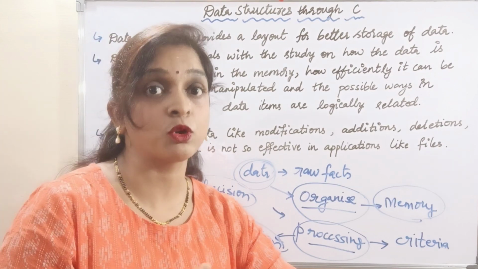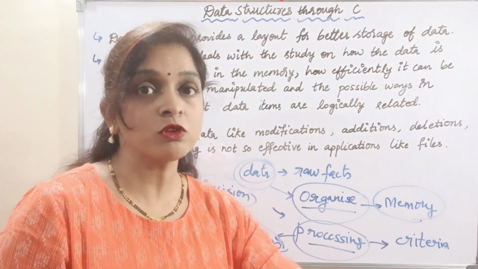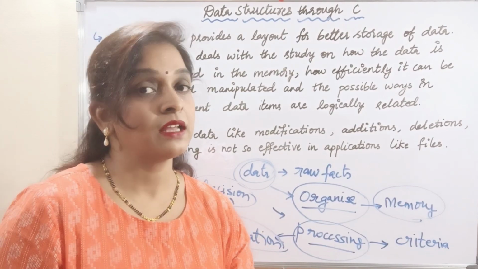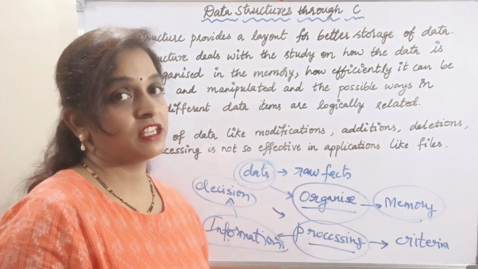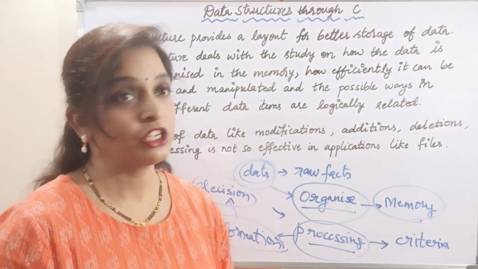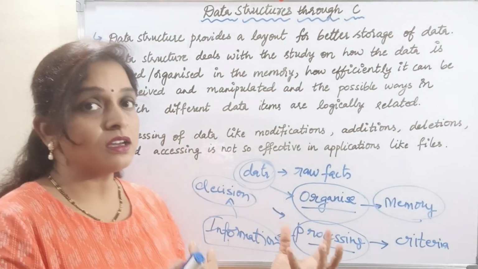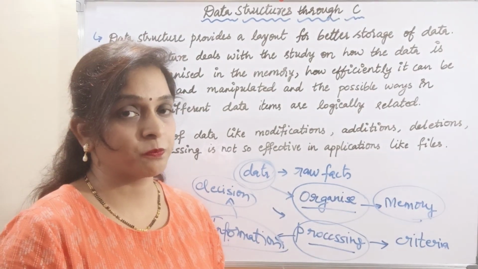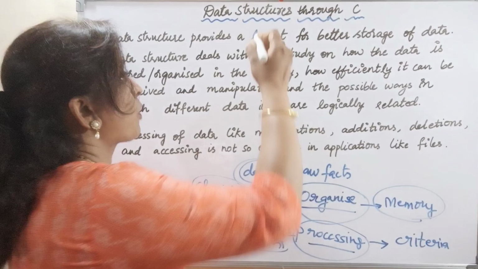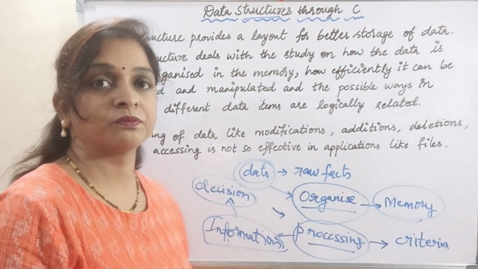I should know how I have to organize it. If I know how to organize it, then I can decide how I can process it. Then I can get valid information with which I can take some valid decision. So data is those raw facts which have to be organized inside the memory with proper structure.